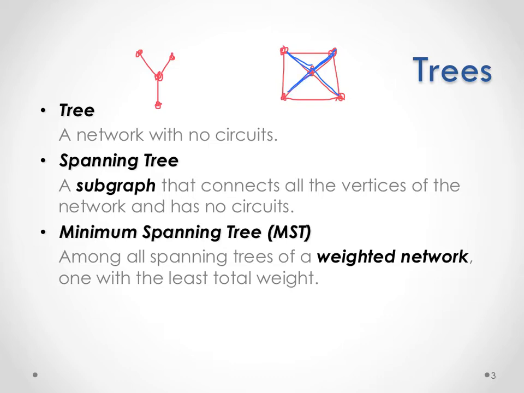All right, a spanning tree is simply taking the graph that is not a tree and turning it into a tree. Now, we didn't have to stop there. We could have, let me draw my graph again. We could have drawn a different graph.